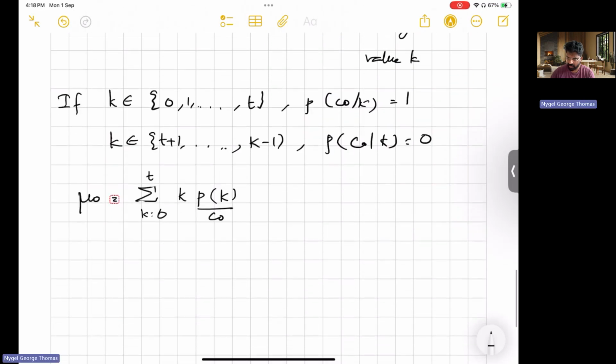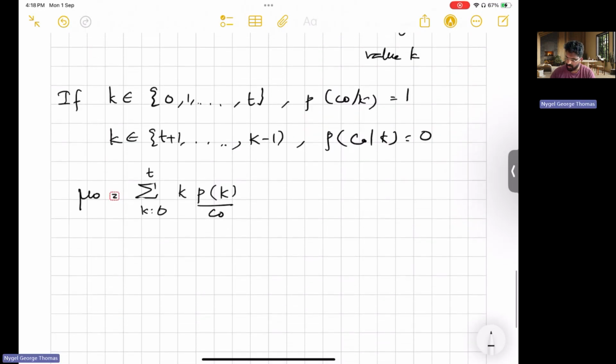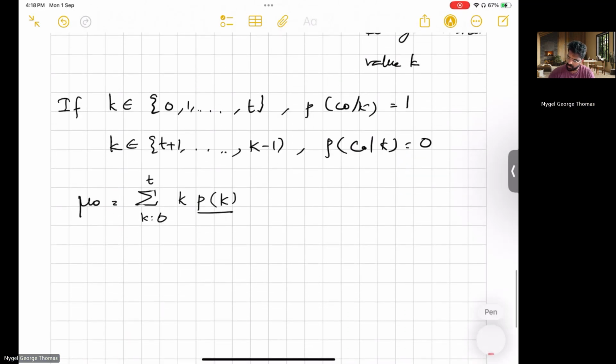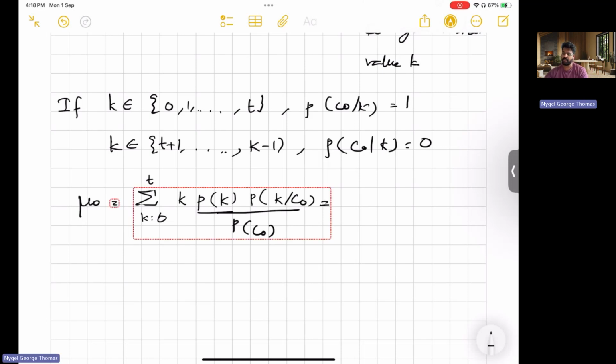So mu0 is sigma k equal to 0 to t, k into P of k given C0 divided by P of C0. P of C0, we all know, is omega naught. P of k given C0, for all these k values, is 1.